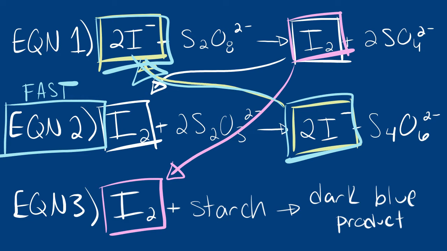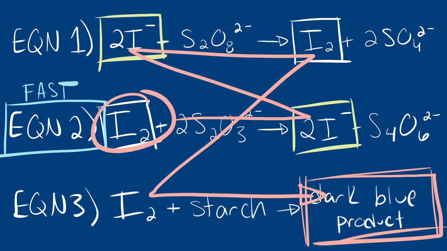Eventually, equation 2 will be outcompeted by equation 3 because equation 3 is going to be eating away at that iodine, slowly creating some of that dark blue product. Eventually, when all of the iodine is gone, which signals that all of the iodide, the I-, is gone, we will get this very quick change into dark blue product.